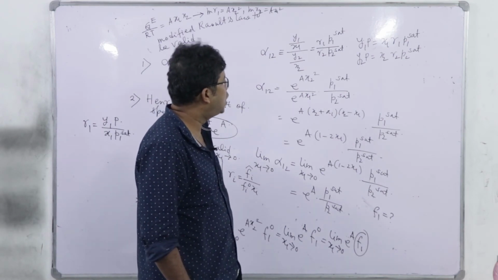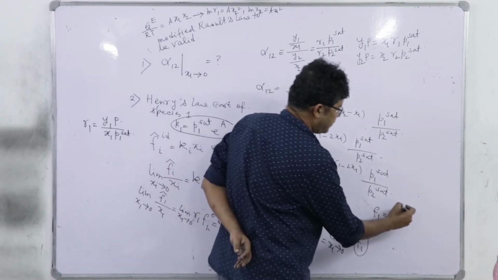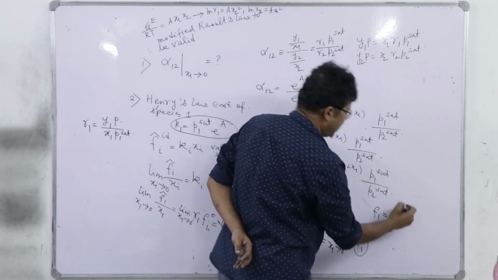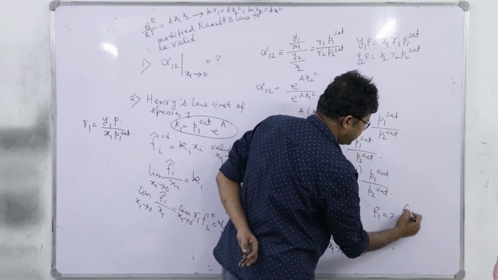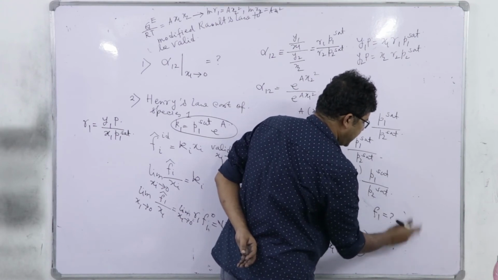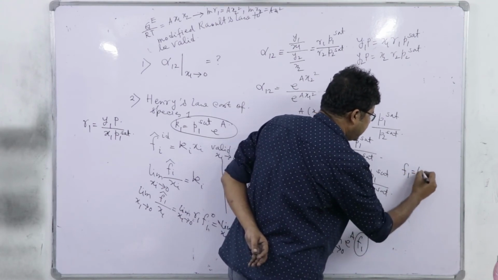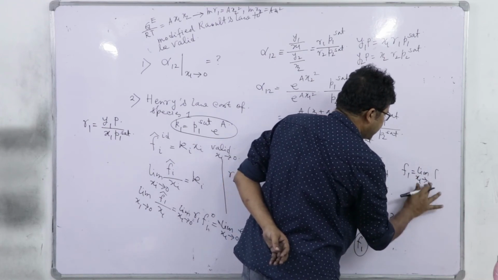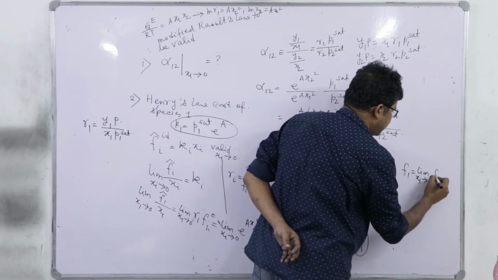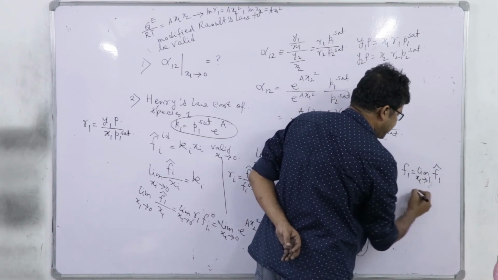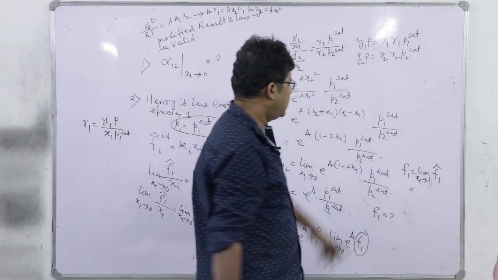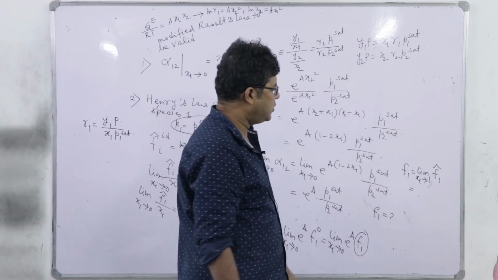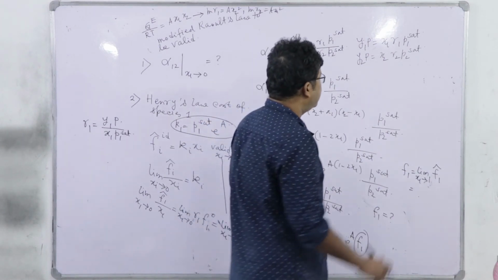Here y1 p, as the modified Raoult's law is valid, we can write f1 is equal to limit x1 tending to 1, f1 cap, correct.